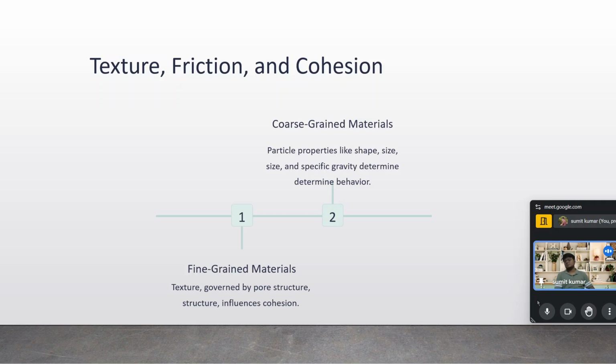As we have discussed, particle shape and size are also equally important because they result in the intermolecular force of attraction, which is responsible for the strength in cohesive soil. So that is also one of the most important factors in the grain material.